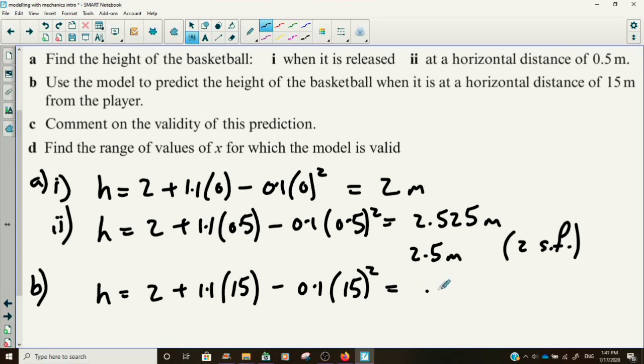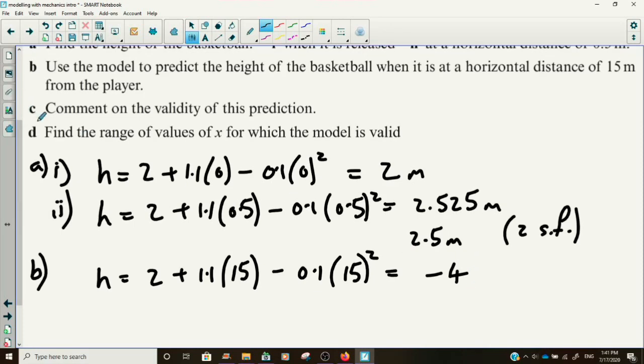We actually get a value of -4. Okay, does that make sense? This is where the question is going to test your understanding of real life. Interpreting this result of minus 4 meters, that doesn't make sense, does it? If the basketball player is on a flat court or whatever, then the ball's not going to be below ground level, is it? So this wouldn't make sense.